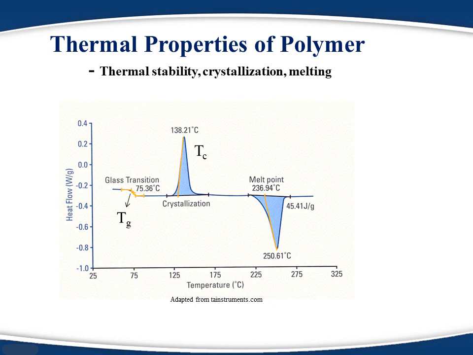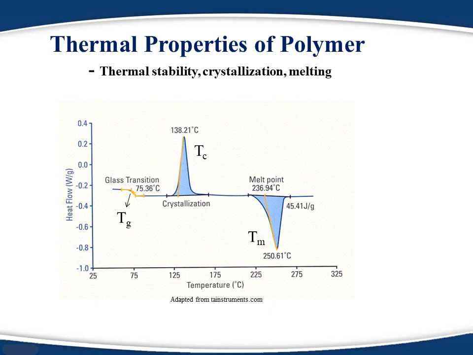The third important transition temperature is the melting temperature, or Tm. At Tm, crystals melt and form a randomly oriented, free-flowing polymer melt. Tm of a polymer helps to decide the processing temperature. Typically, Tm plus 50 degrees C is used as the processing temperature.